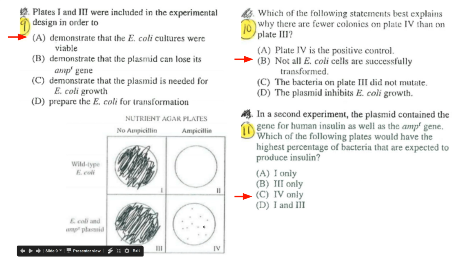The ones that survived not only are going to be ampicillin resistant, but they would also be able to make insulin. So you know for sure that these are actually making insulin. You don't know how many are actually in those other ones. And none would be here because they don't pick up the plasmid at all.